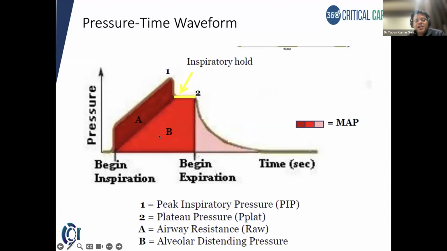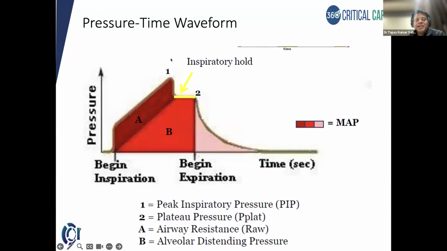Now what is happening? The B here is the alveolar distending pressure. And that is the whole idea why we want, in ARDS, the low tidal volume ventilation, with not distending the alveoli more than what is expected or required. So airway resistance would be the A part and the B part is the alveolar distending pressure.